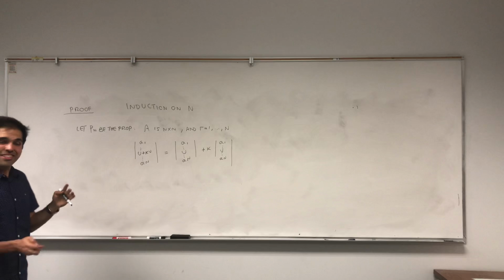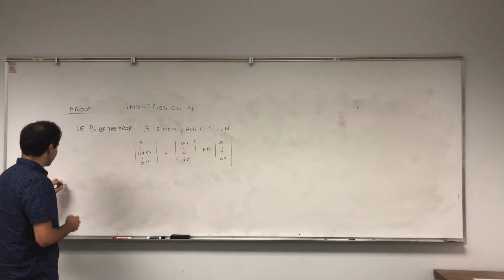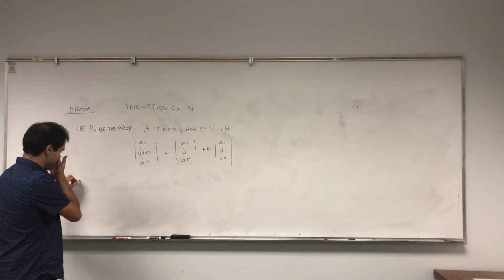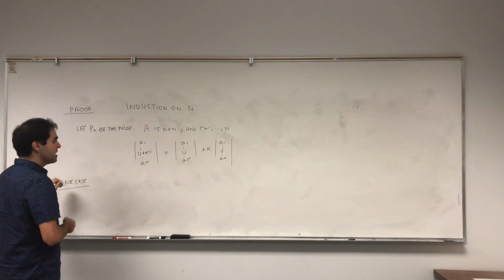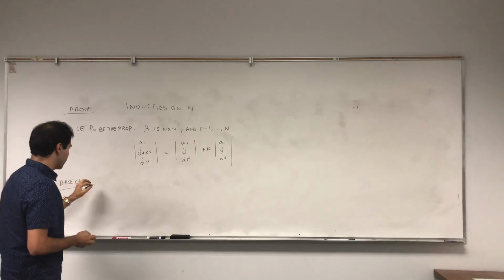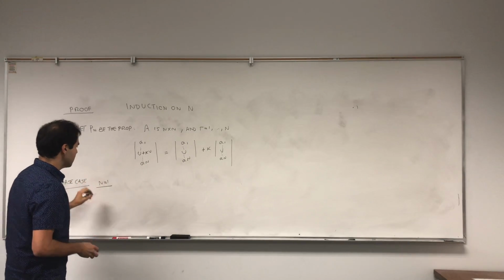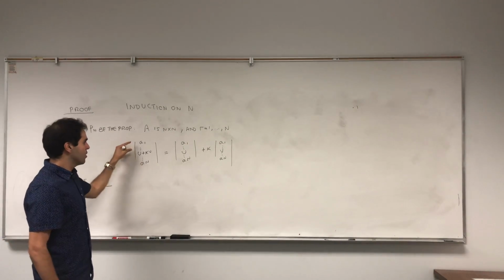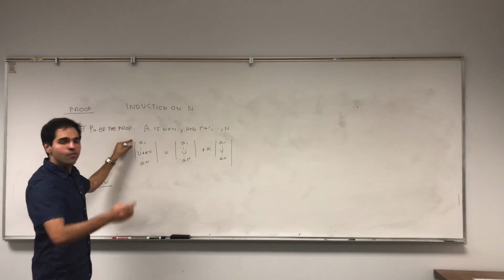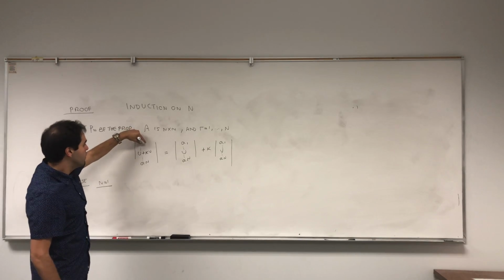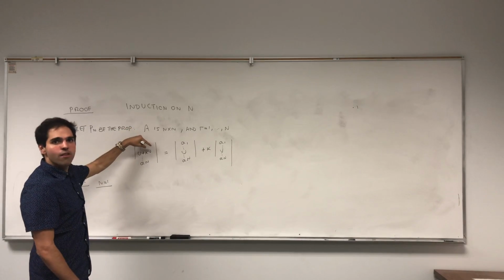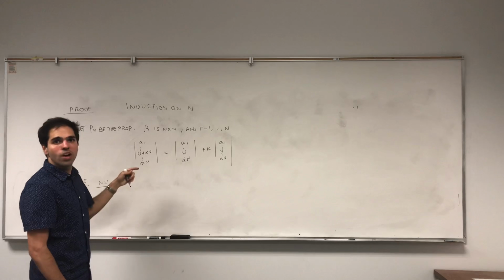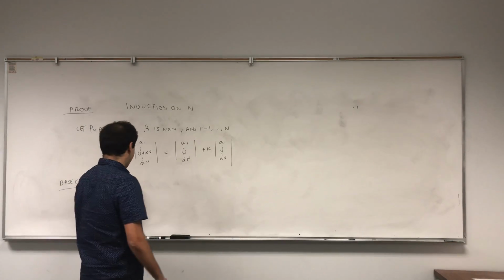Then it all starts with the base case. Well, let's be lazy and just pick the case n equals 1. Then it's kind of silly because there would just be one row, which, if you want, we've also shown. But in this case, we would have a 1 by 1 matrix with just one entry, which is just a scalar.